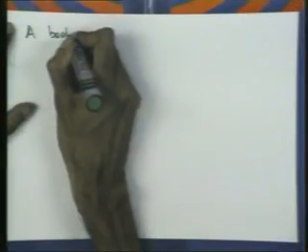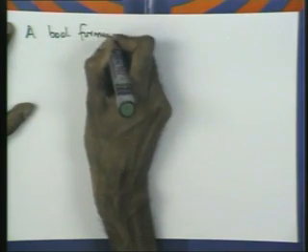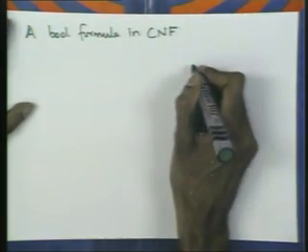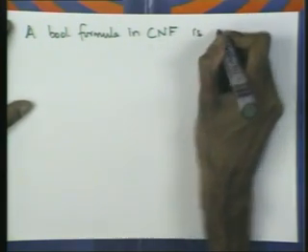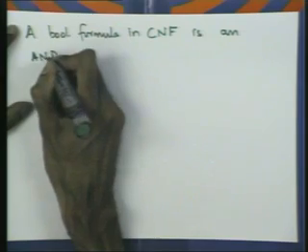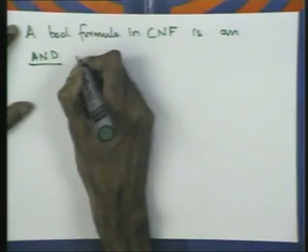Okay, so a Boolean formula in CNF is an AND of clauses.